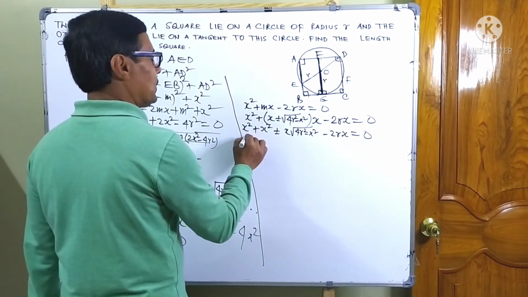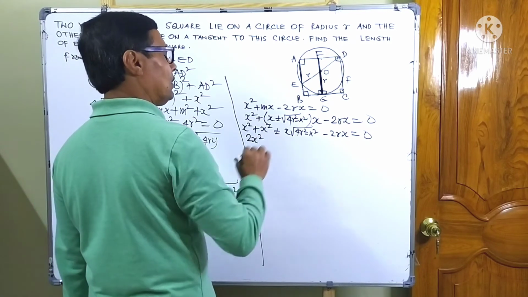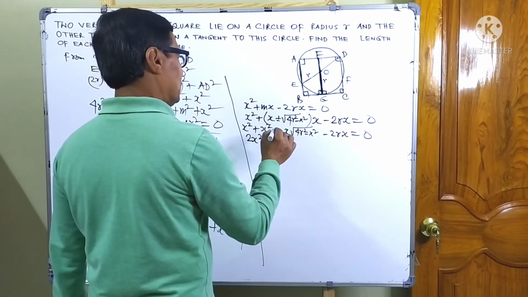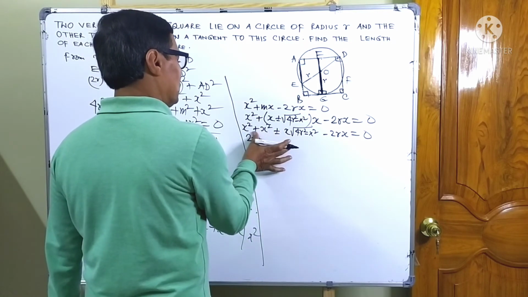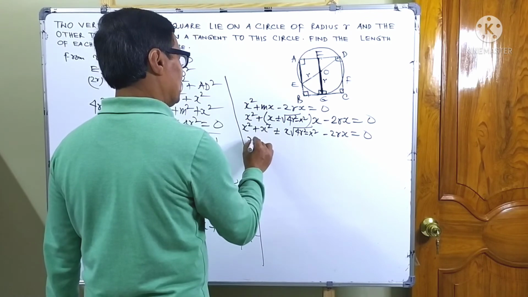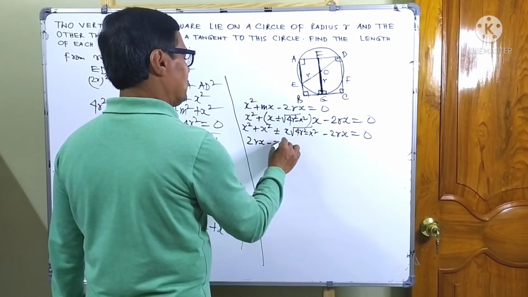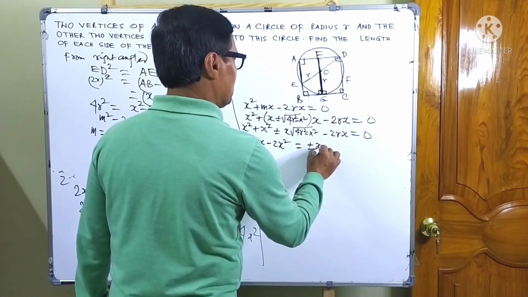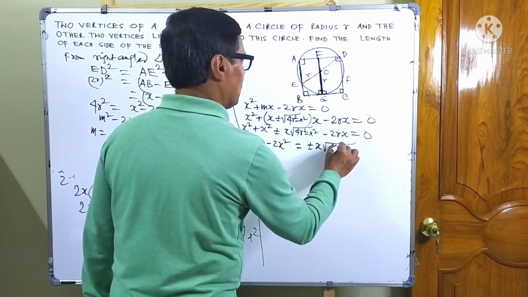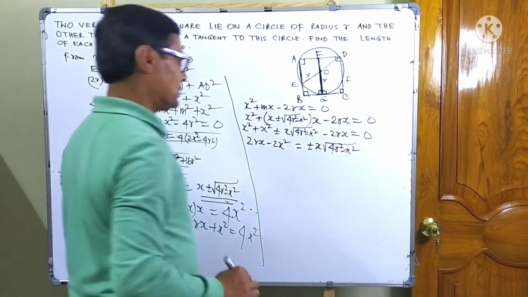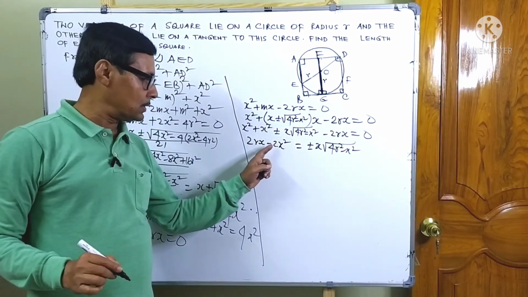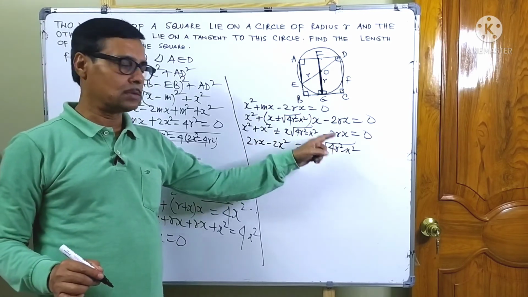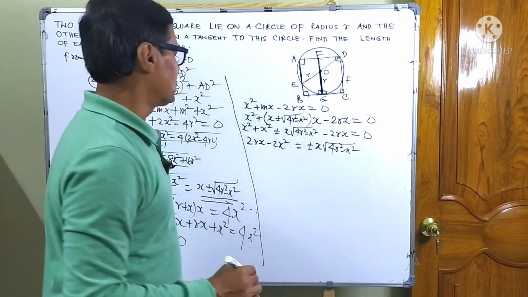That is, 2rx minus 2x square is equal to plus minus x root of (4r square minus x square).